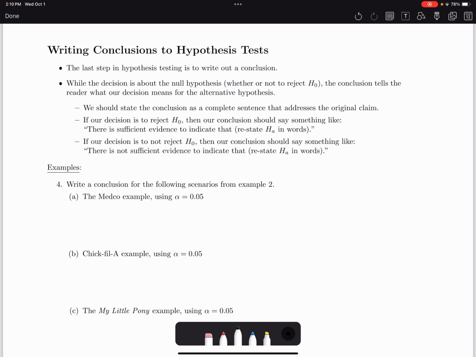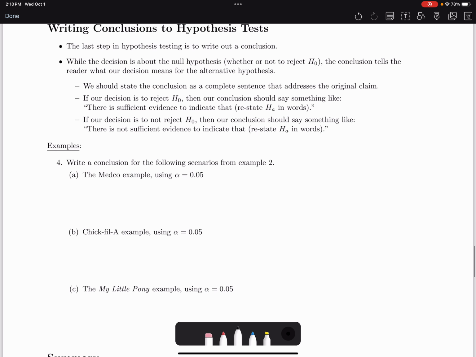So when we're giving our conclusion, we need to write out a complete sentence that addresses the original claim, and not just in vague terms. It needs to refer specifically to the claim in the problem. For example, if our decision is to reject H null, then our conclusion should say something like, there is sufficient evidence to indicate that, and then you should restate the alternative hypothesis in words.